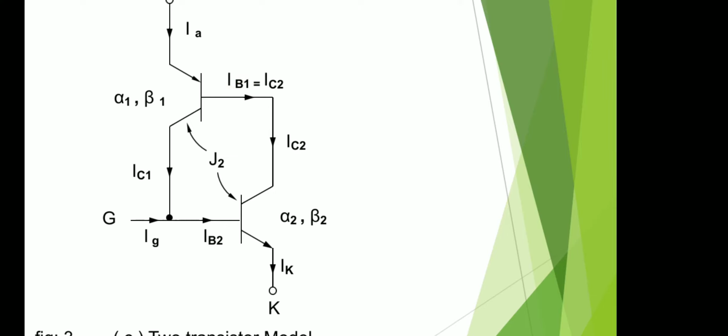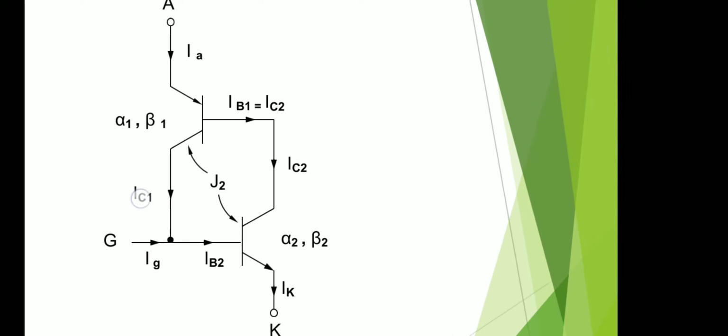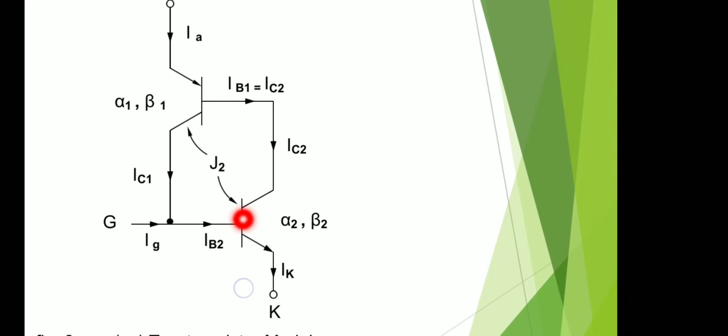How it is connected means, output of one transistor is connected to the input of the other transistor. We can say in simple terms, output of the first transistor is connected to the input of the second transistor, and output of the second transistor is connected to the input of the first transistor.